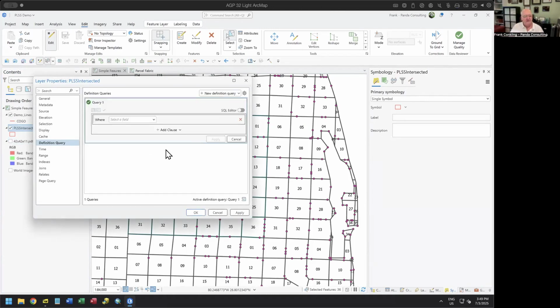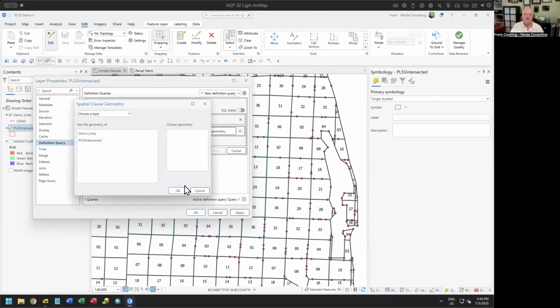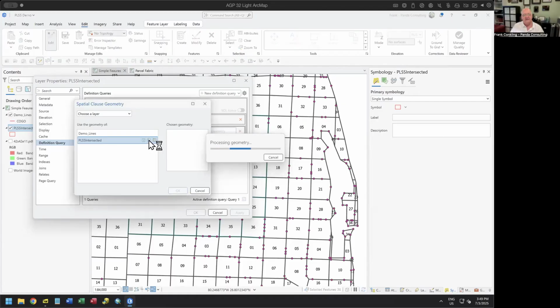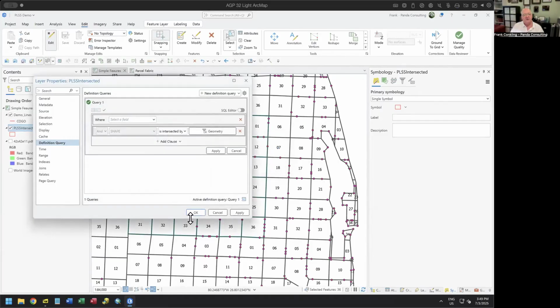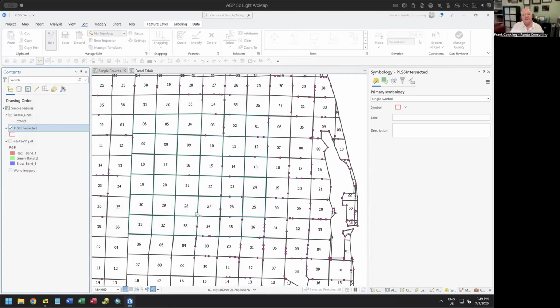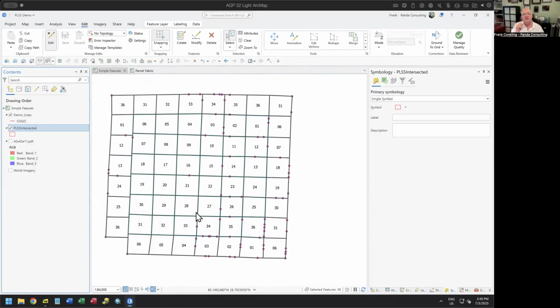I can add a spatial clause, and tell it to take this layer and show me those things that are connected to that layer. That's the selection against this layer here. It's going to provide that definition query against this data set, and it's only going to show me those things that are within the bounding envelope for that section set. So again, I really like that they integrated this into ArcGIS Pro.